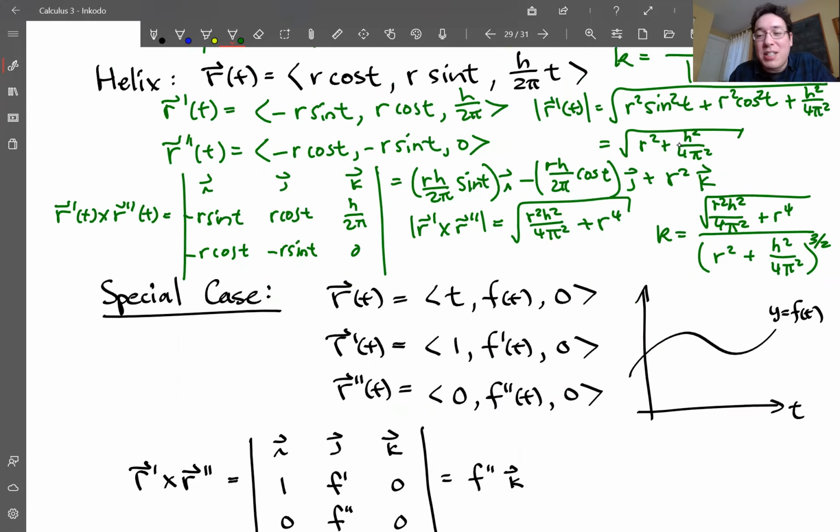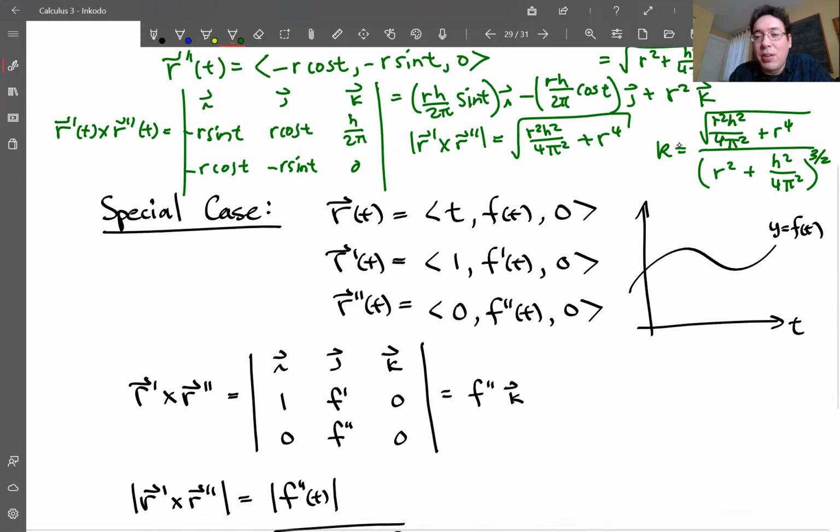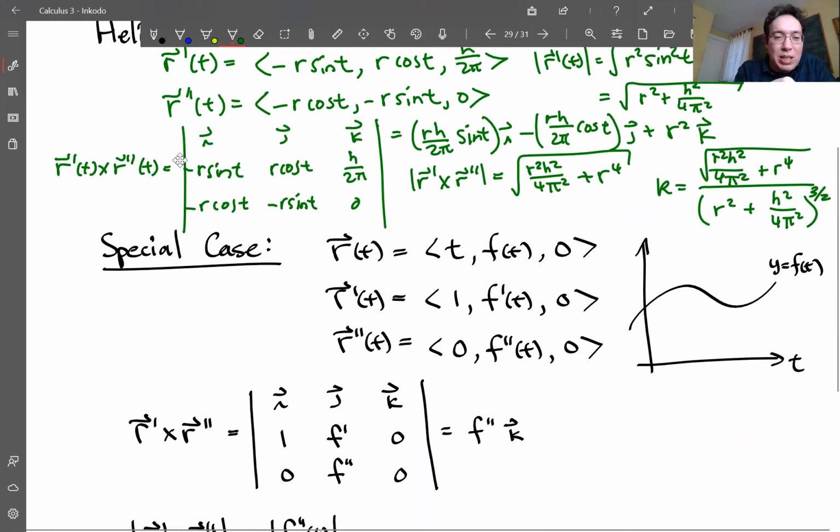Okay, just one more thing I want to cover in this video, and that's the special case where you just want to find the curvature of a function, just a regular single variable function. So to do this, I just want to derive the formula for it.